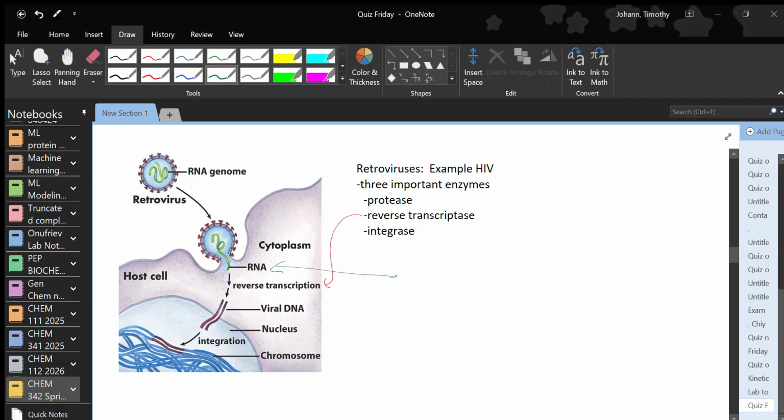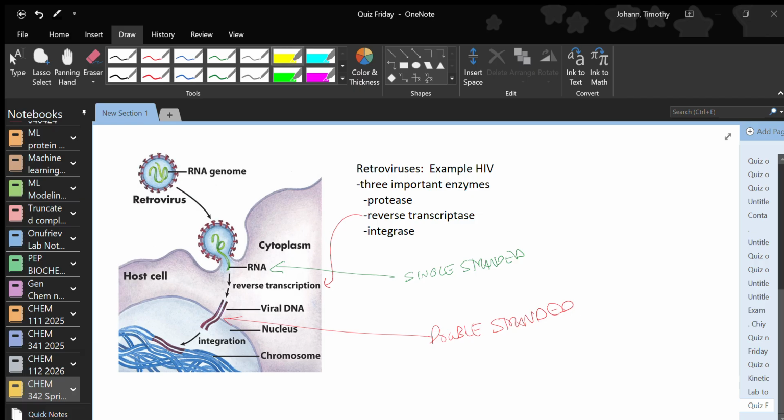Let's just point that out, single-stranded, and then down here, this is double-stranded. And then that double-stranded DNA is going to get integrated into the human genome. It gets integrated into the genome of the cell.